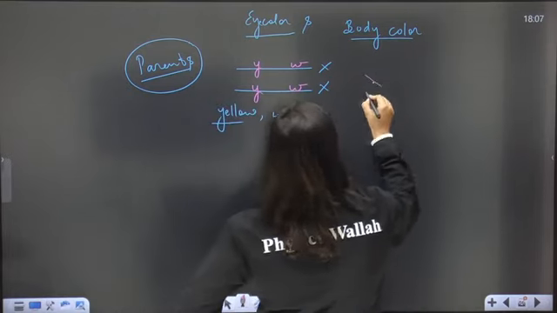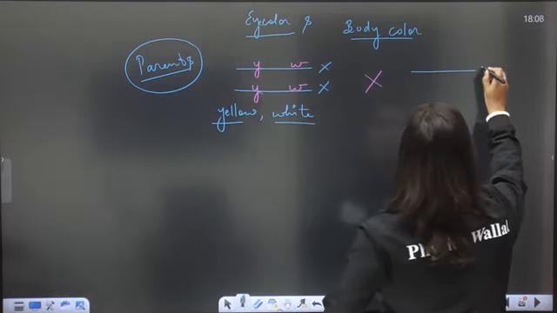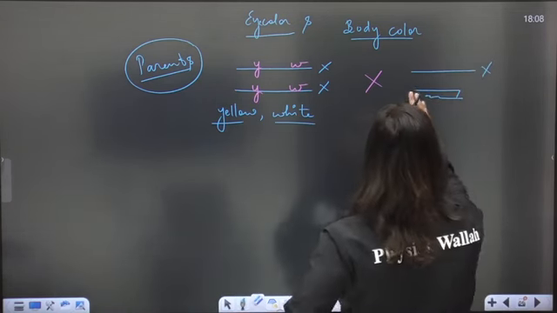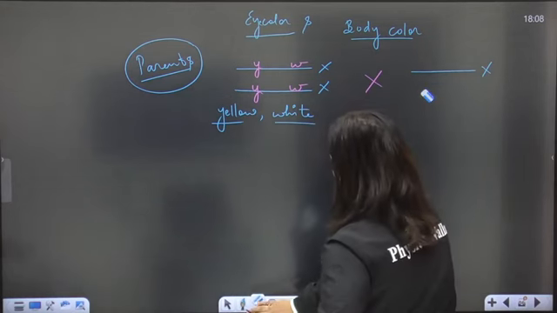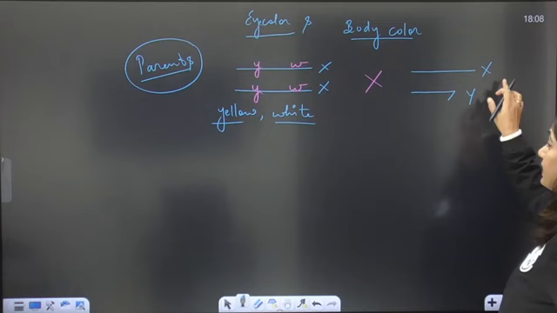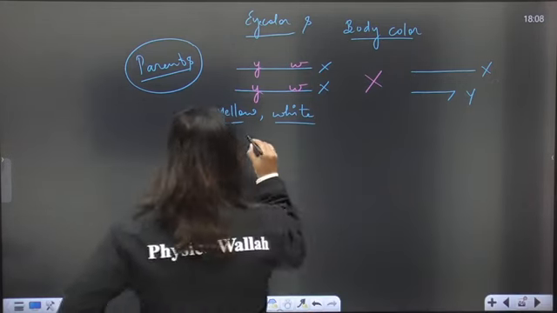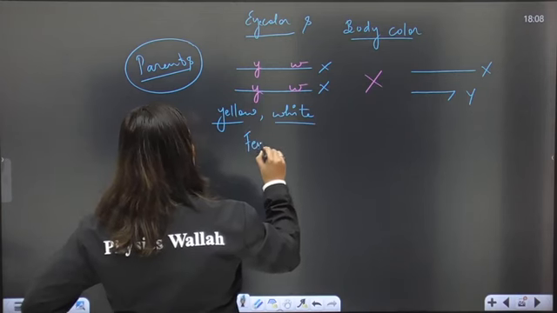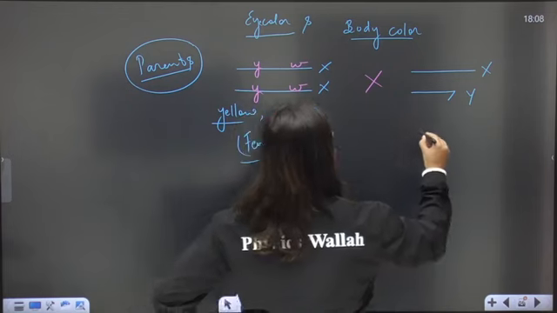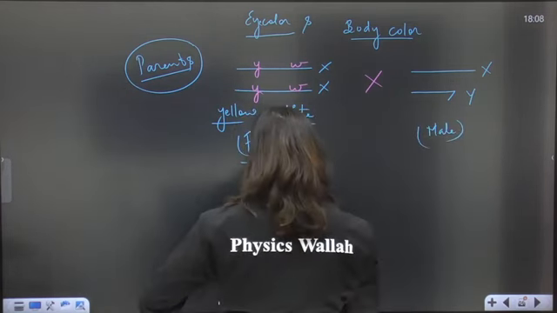He crossed this recessive female with the male, and the male has X and Y chromosomes. You know that the genes of eye color and body color are not present on the Y chromosome, so we will not draw them on the Y chromosome.